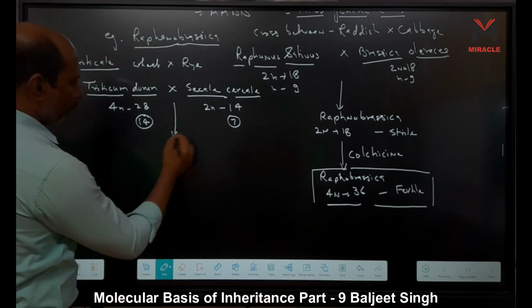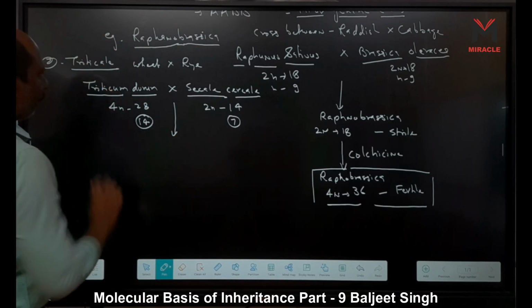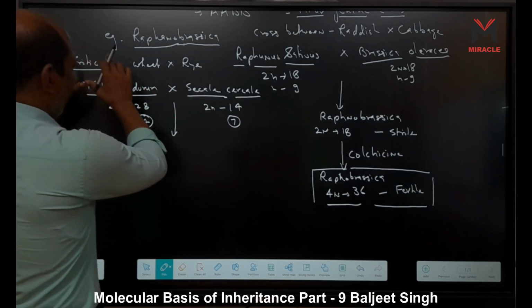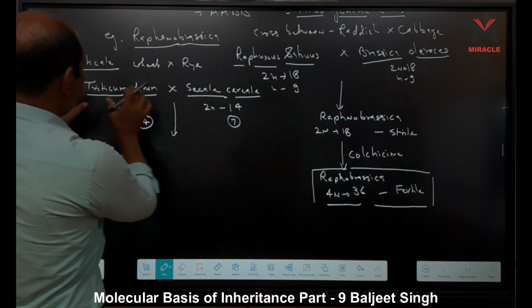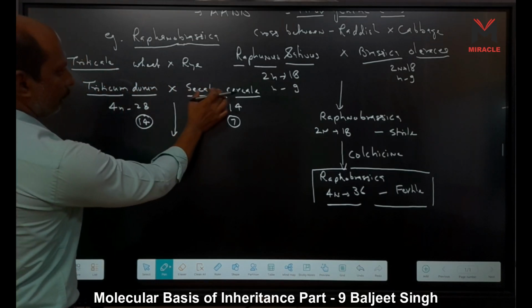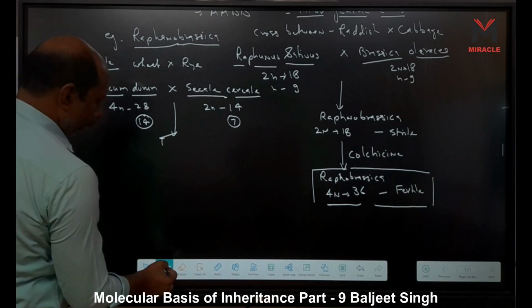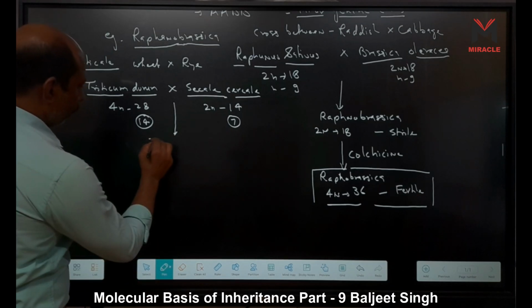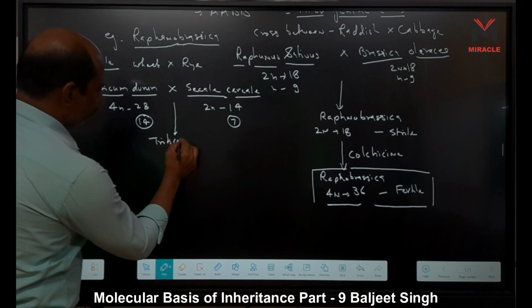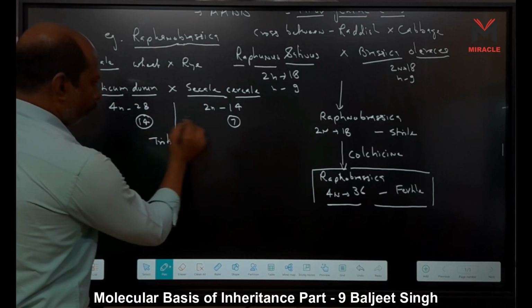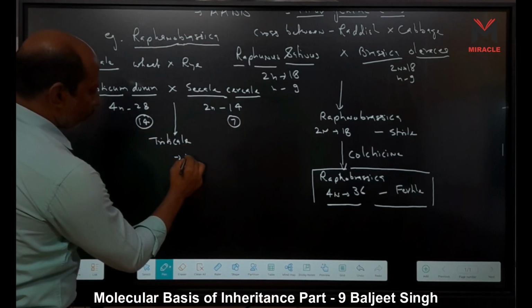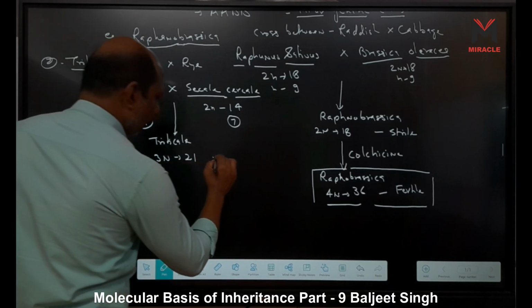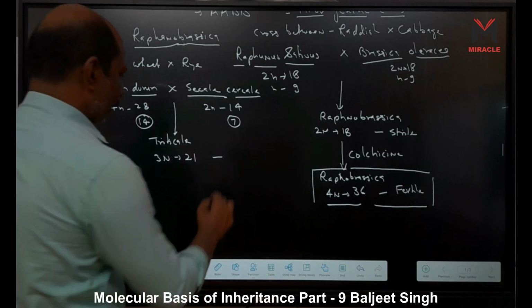So when we cross this, in first stage we get triticale, Triticum plus Secale, so we write here triticale. We obtained 14 plus 7, it is 21 chromosomes, and 21 means 3n. Because it is odd, it is sterile.